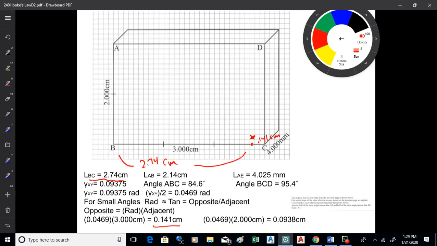Now, AB is going to get 2.14 centimeters long, so that's going to put that right up there. But it's also going to kick in a little bit, 0.0938 centimeters, which is just a little bit less than 1/10 of a centimeter. So it's going to end up there. So there's A prime, and there's B prime. The assumption here is that I'm holding point B constant.